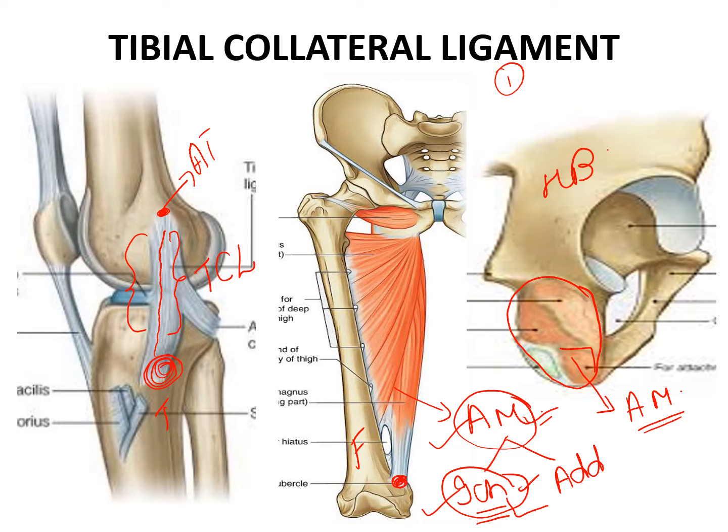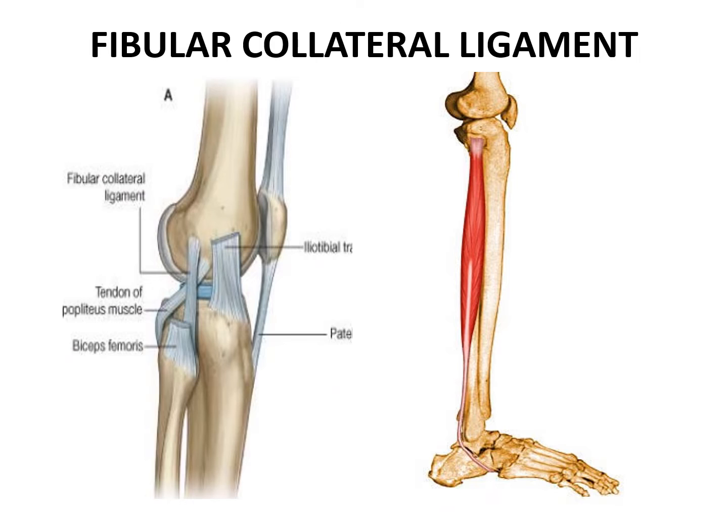The second point is that it is attached to the medial meniscus, thereby rendering the medial meniscus more prone to injury. So that was about the tibial collateral ligament.